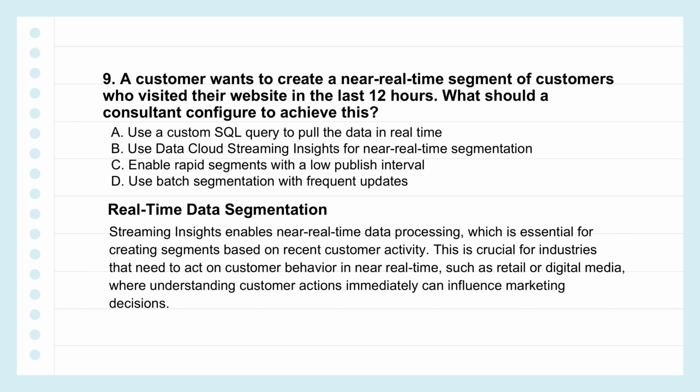Yeah. All right, question 9 ventures into the world of real-time data. A customer wants to create a segment of individuals who have visited their website in the last 12 hours. And they need this segment to be updated very quickly, almost instantly. What specific Data Cloud capability can do that? That would be Data Cloud Streaming Insights.